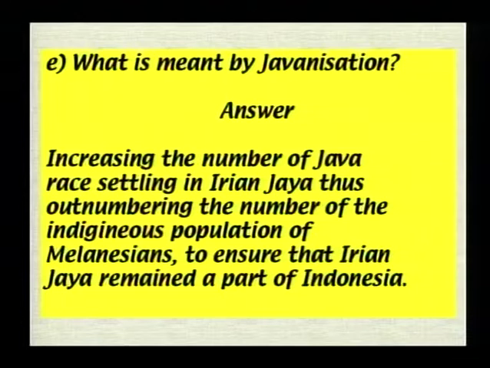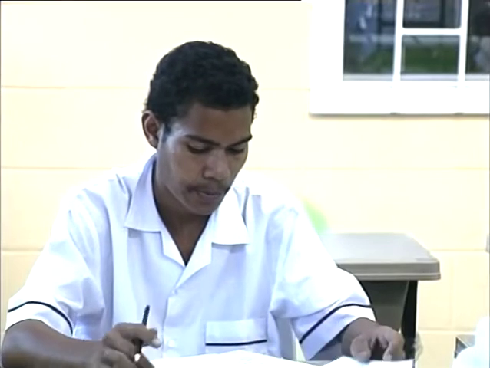We all know that Irian Jaya is made up of the Melanesian race. The indigenous people are the Melanesian race. And to ensure that Irian Jaya remains part of Indonesia, the concept or the idea of Germanisation has been put in place. It is not a policy of the government of Indonesia, but it is a concept that is supported by a good number of people on Java.